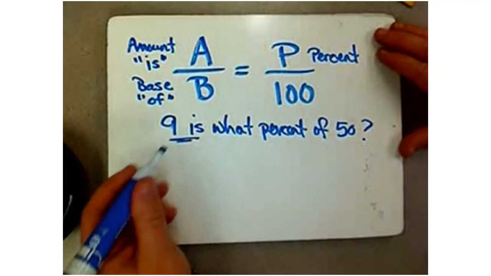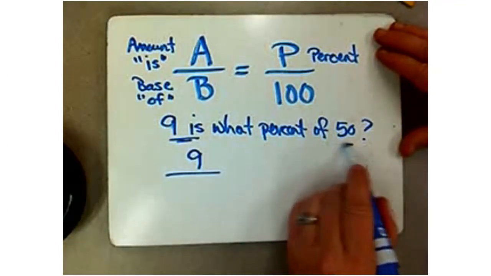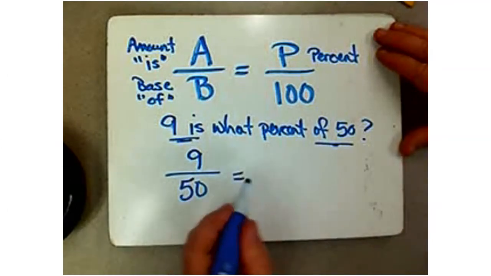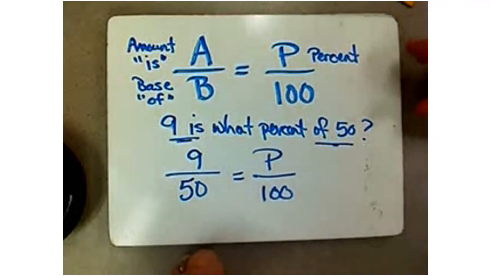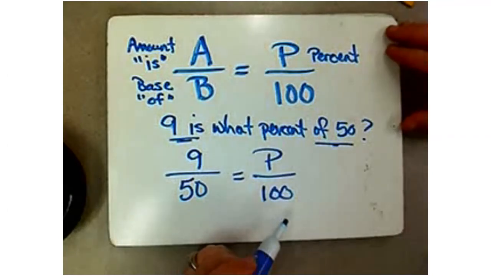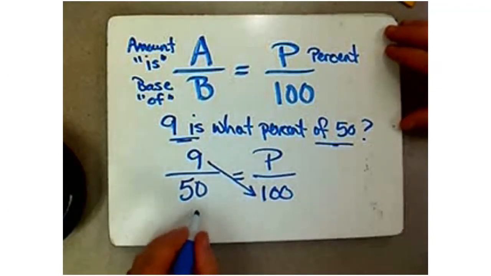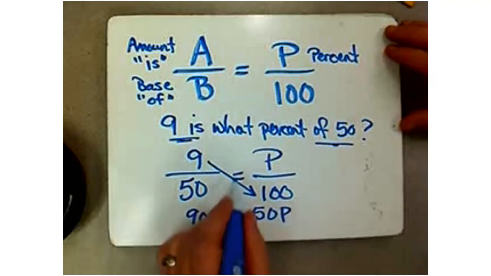So 9 is, that's our A, so we have 9 over, and "of 50," that's our B, so 9 out of 50 equals what percent, so that's our P, over 100, always parts of 100, right? So we're looking for the P value, so we're going to cross multiply: 9 times 100 is 900, and that equals 50P, right?